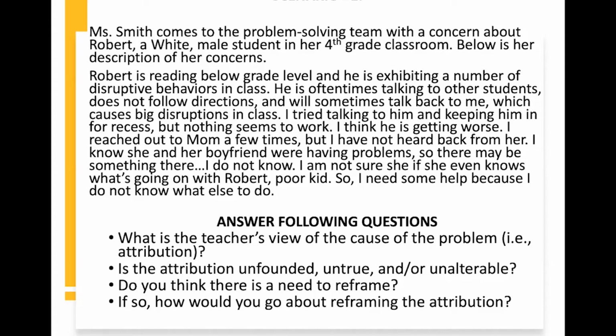Teresa, I'm going to do something amazing and ask for people to give me their thoughts on these questions and see what they say. So does anybody want to give a shot at what the teacher's view of the cause of the problem is? Maybe if you can use raise hand or the chat, and Teresa can just call it out if possible. What is the teacher's view of the cause of the problem in this situation?